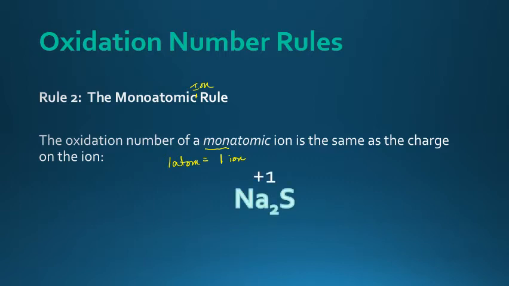So sodium has a charge of +1, and it also has an oxidation number of +1. Sulfur has a charge of -2, and sulfur all by itself has an oxidation number of -2. So if it's a single ion, not a polyatomic, just one ion, its charge and its oxidation number are the same.